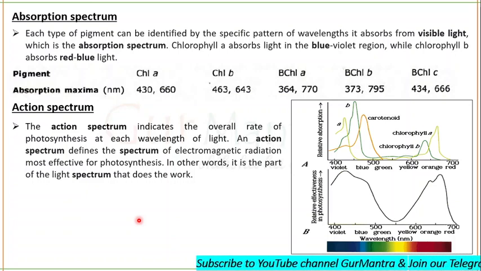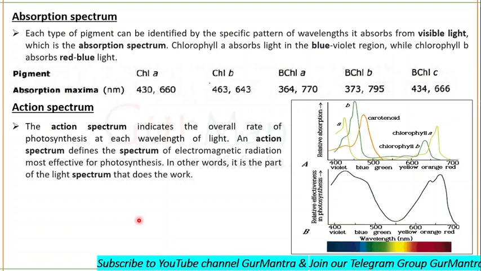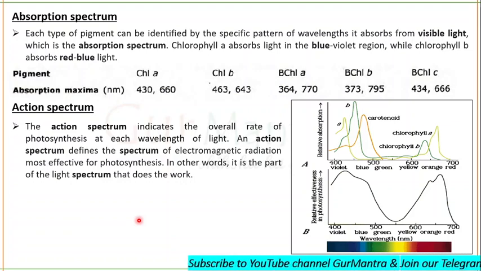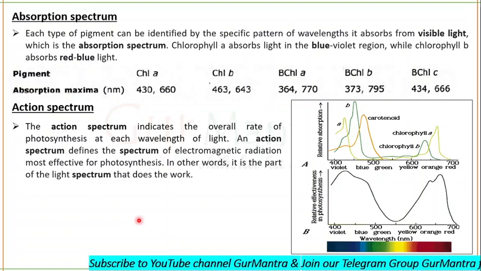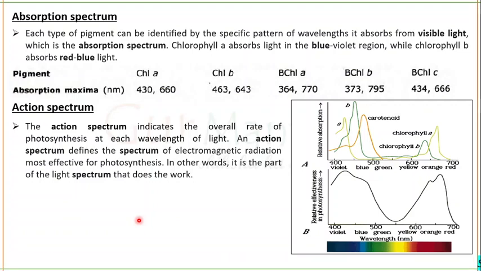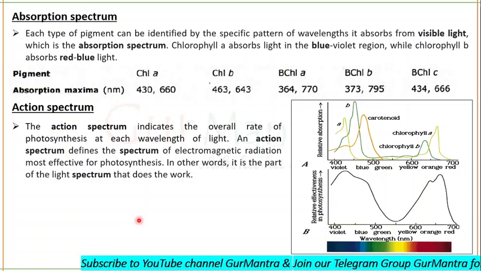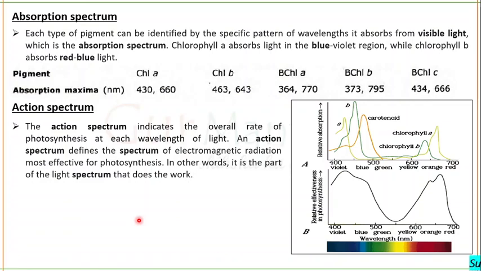And at which wavelength, how much photosynthesis they are performing, that we are going to see in the action spectrum. So the action spectrum actually tells us about the rate of photosynthesis, and the absorption spectrum includes the absorption of light at a particular wavelength, or we can say a particular wavelength of light.